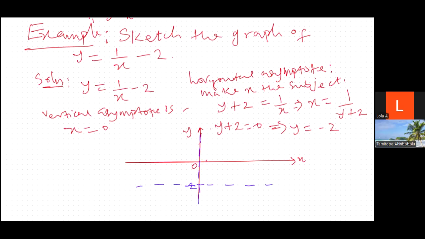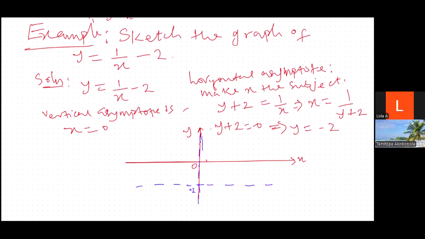Let me erase this 2 here. So you have minus 2 here. So this is the point of minus 2. So what does that suggest?